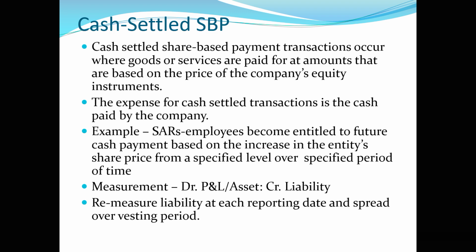For liability, which is under cash settled share-based payment, there will be remeasurement of the liability at each reporting date and spread over the vesting period. So that's the huge difference between equity settled and cash settled. You will remeasure the liability under cash settled share-based payment, but with equity settled, no remeasurement.